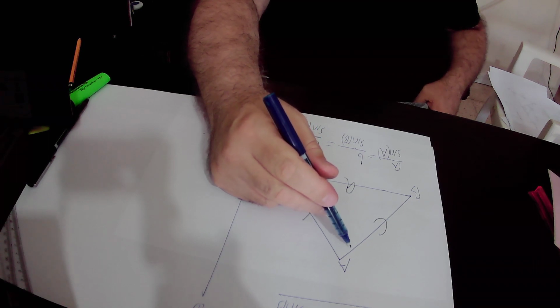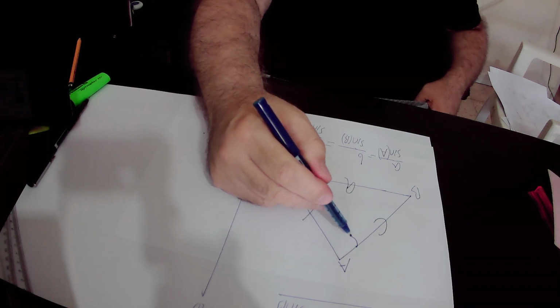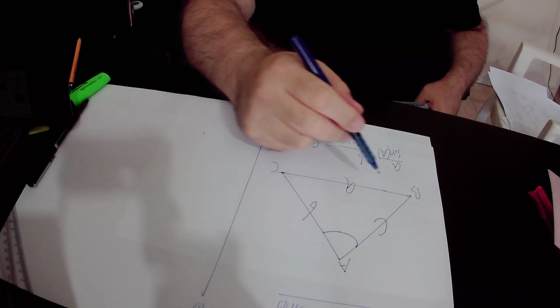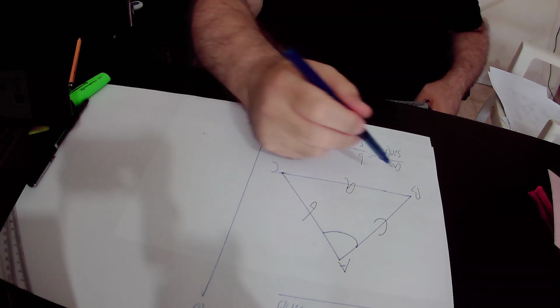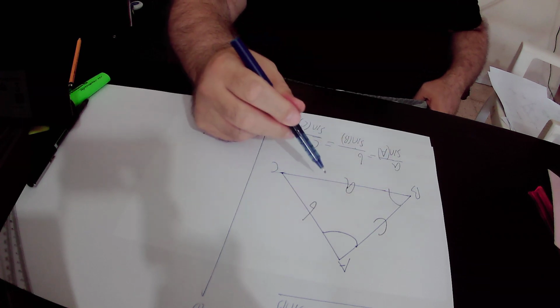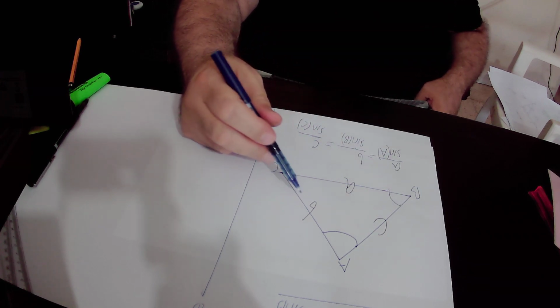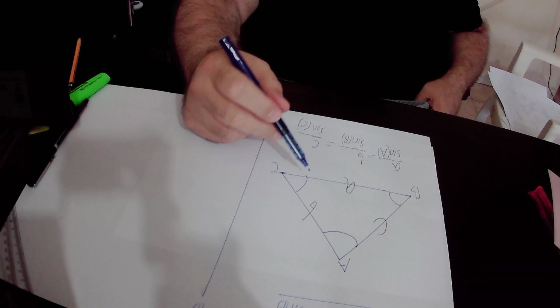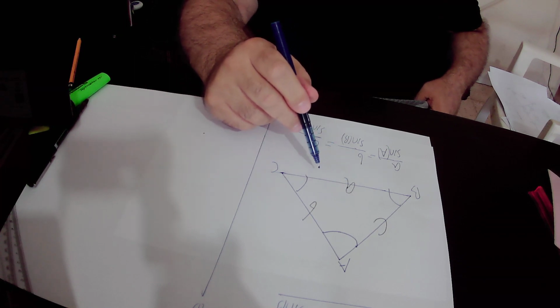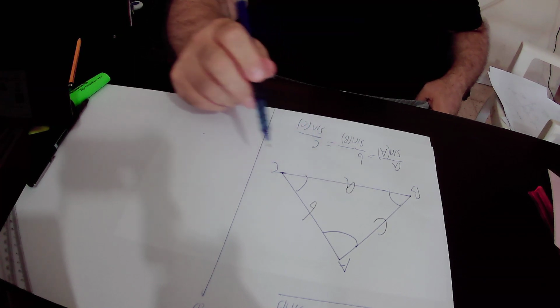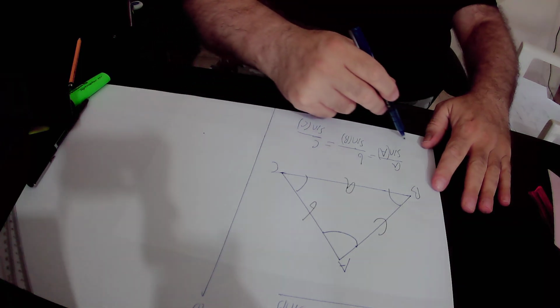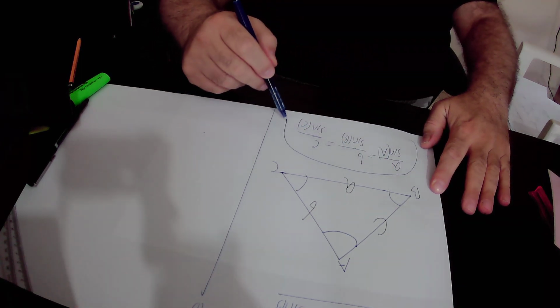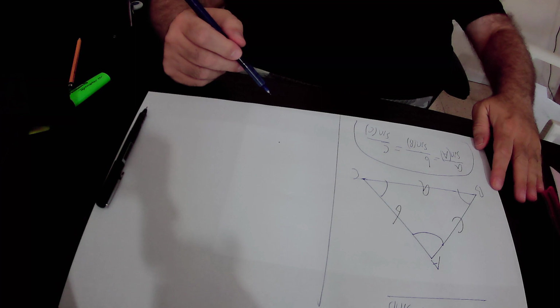Capital A equals the size of angle BAC, capital B equals the size of angle ABC, and capital C equals the size of angle ACB. And a, b, and c are the lengths of the sides of triangle ABC. So according to the law of sines, a over sine A equals b over sine B equals c over sine C.